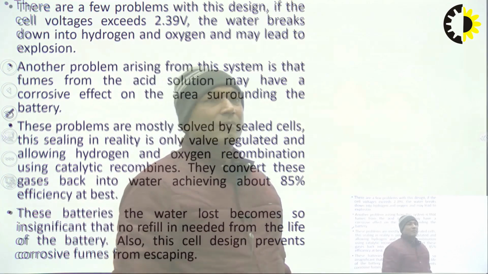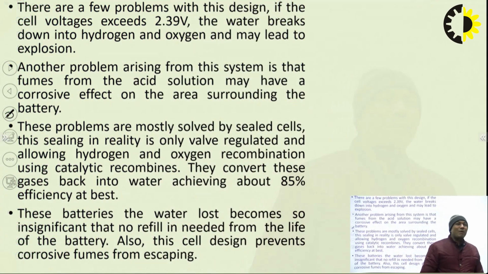There are very few problems with the design. If the cell voltage exceeds 2.39 volt, the water breaks down into hydrogen and oxygen, and this hydrogen and oxygen exert an additional pressure on the battery.